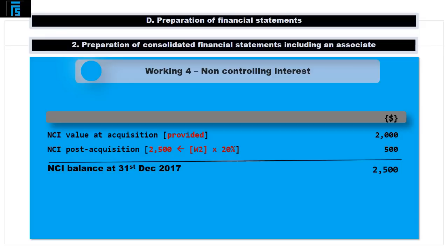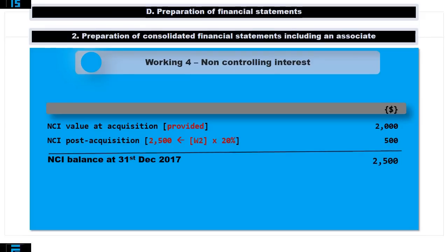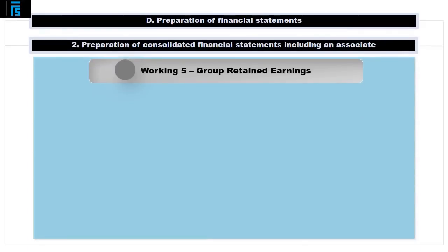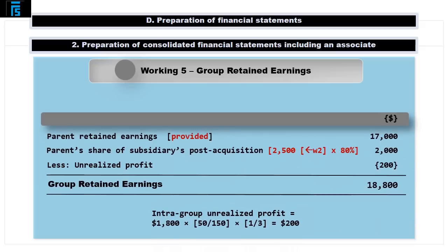Accordingly, the consolidation date NCI balance equals €2,500.